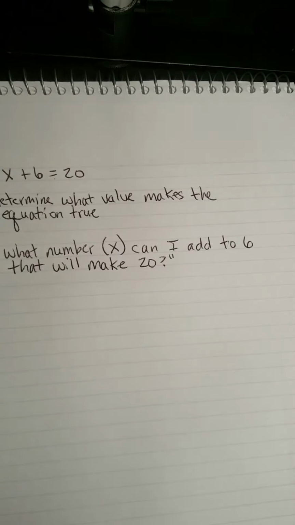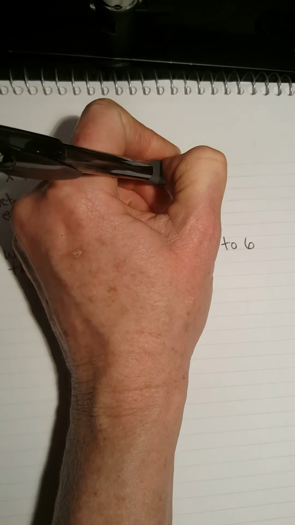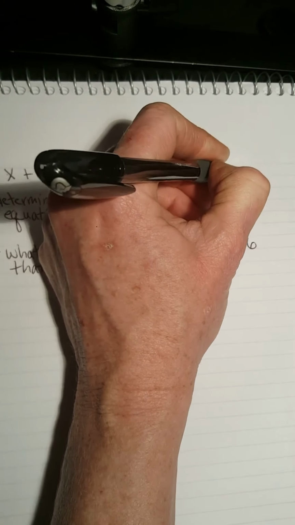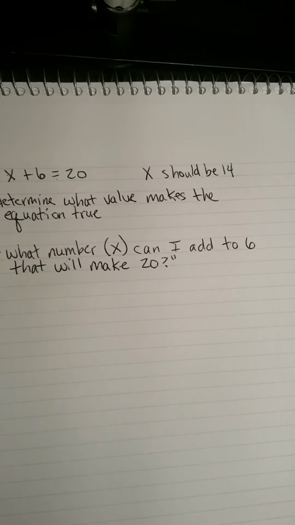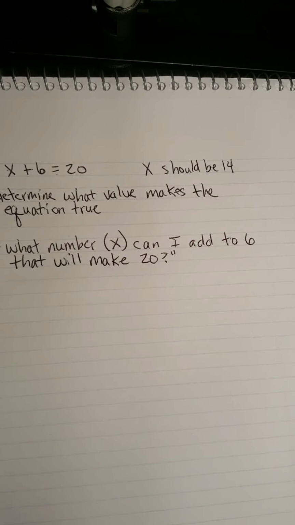There's so many different ways you could say that, but that's the way that we're going to read this. And again, we already said it should be 14, right? So x should be 14. That's our mental check. But again, we need to show our work.